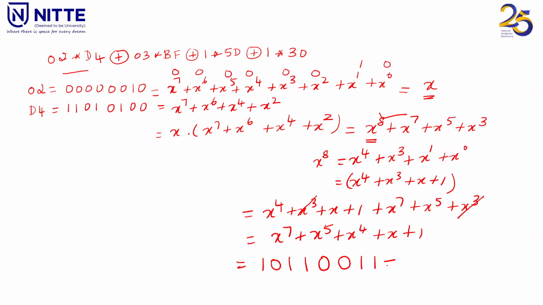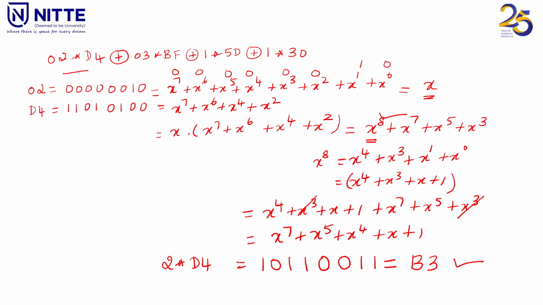So now I'm going to convert this into the equivalent hexadecimal number, that is 1011 means B and 0011 means 3. So 2 into D4, when I perform the multiplication by making use of the polynomial equation, I'm able to get B3 as the answer.